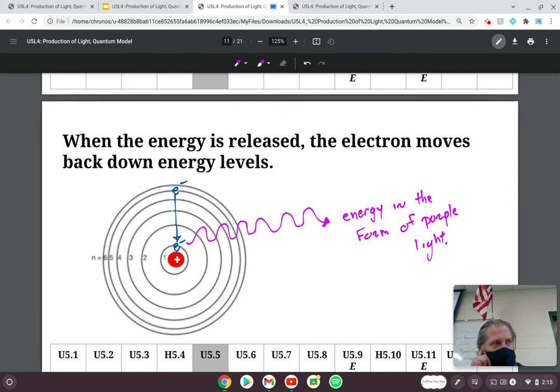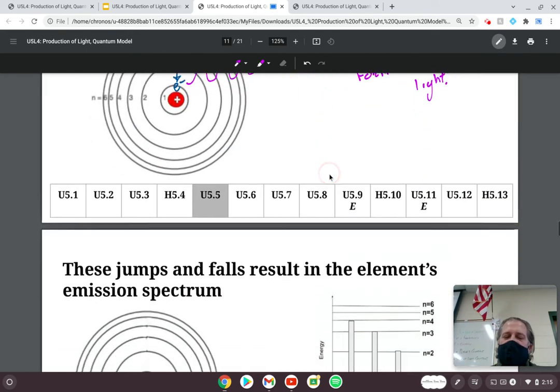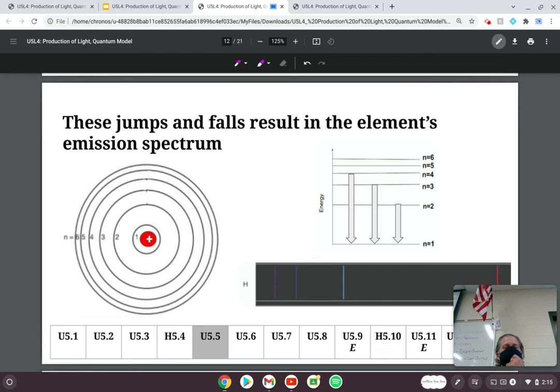Now, these jumps to higher energy levels and falls back down from higher energy levels to the ground state are what give the atom or atoms their very specific electron emission spectrum. So what that means is that if I have an atom and I have it absorb different amounts of energy, I can have an electron jump from, say, here down to here.